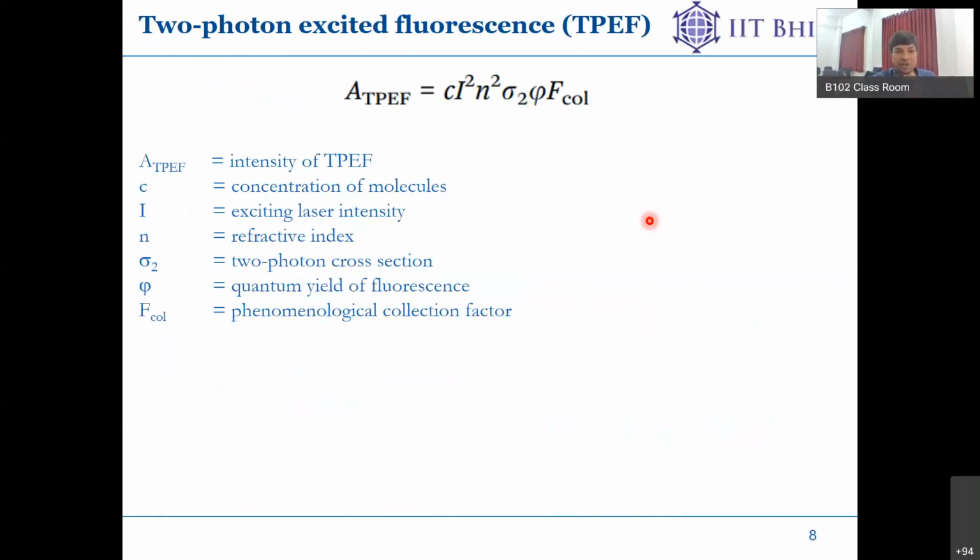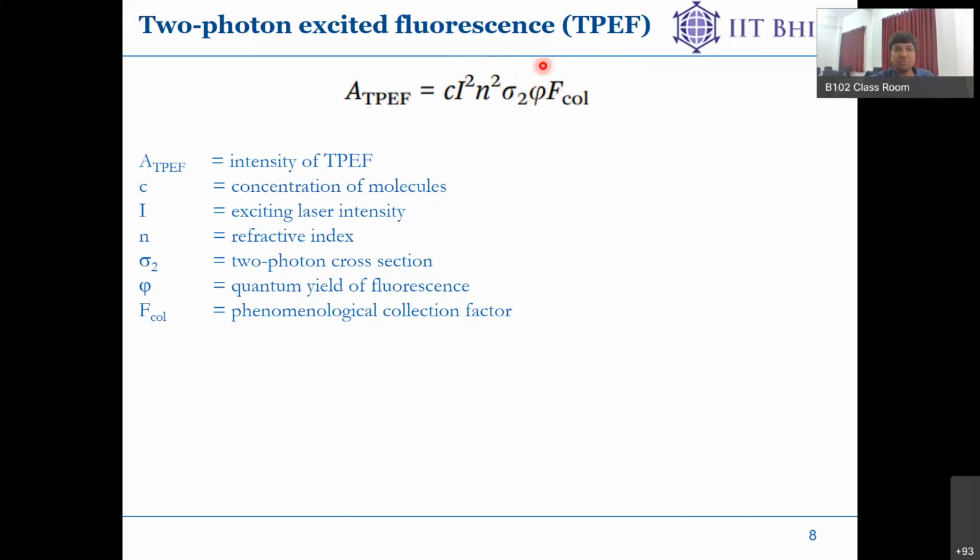Okay, and if you look into the equations for calculating absorption cross section, the fundamental equation looks like this, where you see the intensity of the fluorescence is dependent on the concentration of the molecules, the intensity of the excitation light, and the refractive index, because you have a solid state. And this is where we start seeing the absorption cross section and quantum yield, as well as the collection factor.